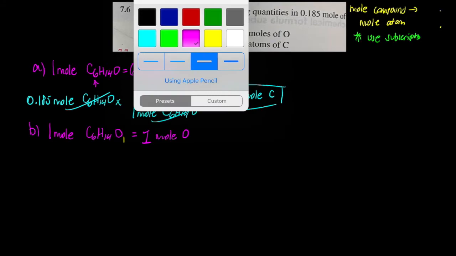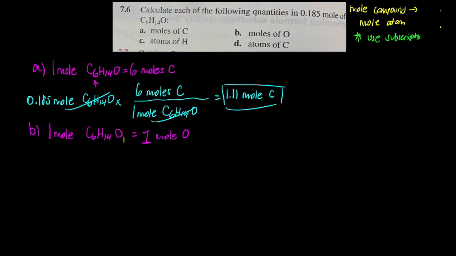And so when we do the dimensional analysis, once again, we start off with the given quantity, C6H14O. And we set up our fraction bar. And on the bottom of this fraction, we want there to be 1 mole of C6H14O, and that's going to cause that to cancel.